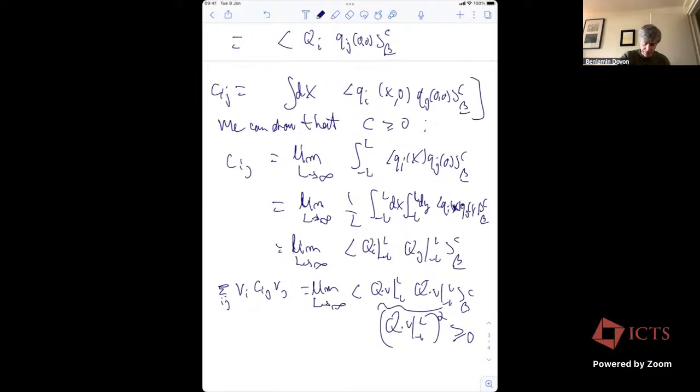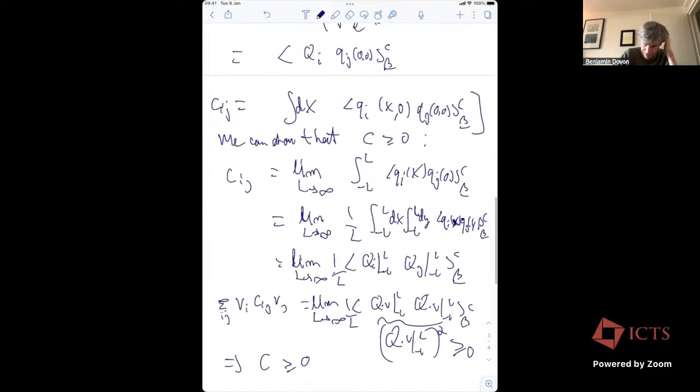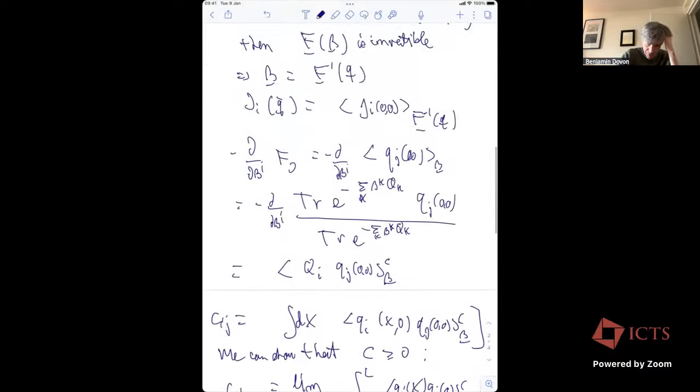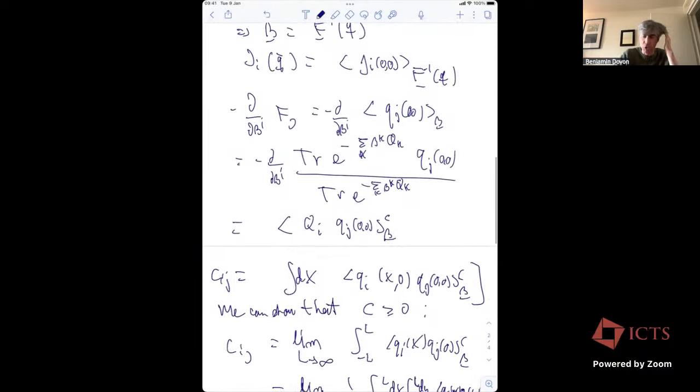There's a 1 over L everywhere, which is also non-negative. So indeed, I conclude that C as a matrix is non-negative. This is just a direct, immediate calculation. It's just from the fact that you have space translation invariance, and when you take the derivative with respect to beta of this f, you get essentially a qi, qj, the product of two of the same thing.